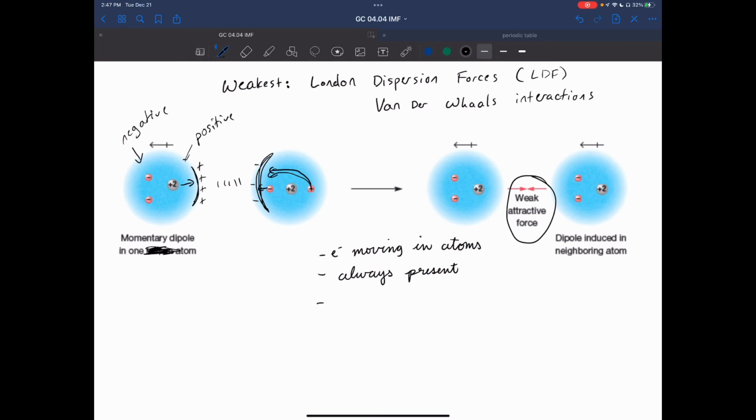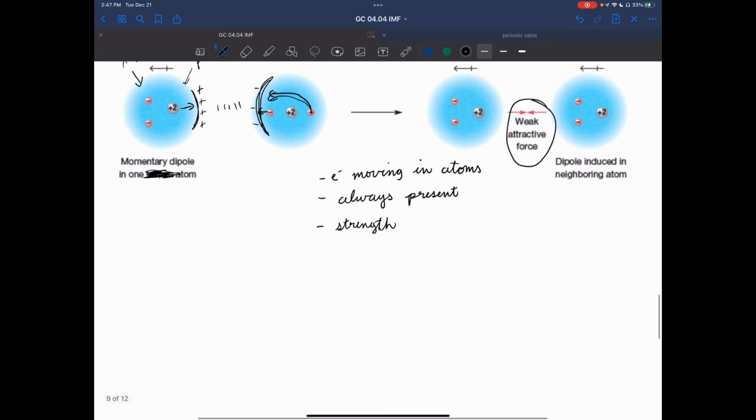And the last thing that's really important here is that the strength does something interesting. So the strength of intermolecular forces does change.